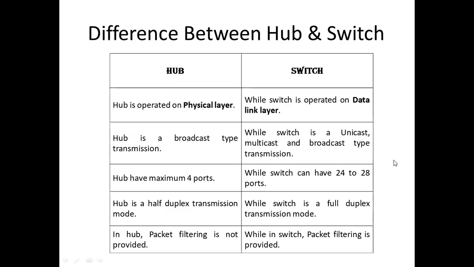So let us see by a small drawing. If this is device 1 and this is device 2, the data is going to get transmitted from 1 to 2. This is called unicast.